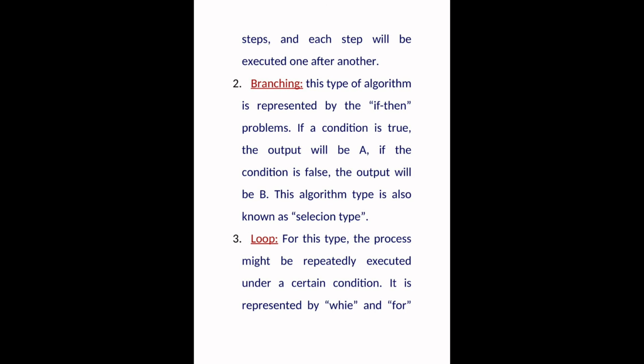If the condition is true, the output will be A. If the condition is false, the output will differ, like B. The branching algorithm is also known as selection type algorithm.